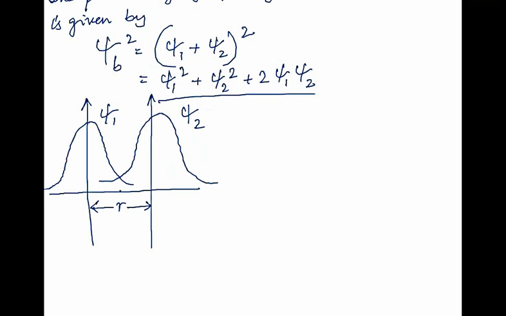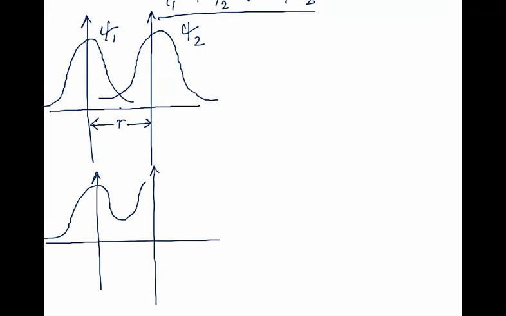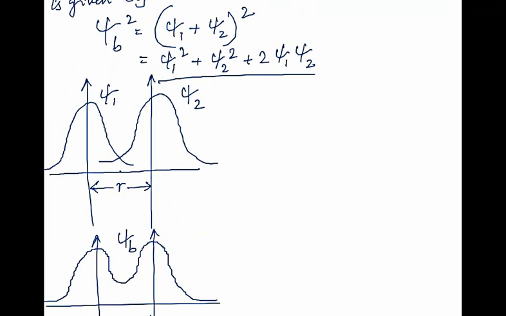If there is a constructive overlap, the picture will be like this. This is psi bonding, a molecular orbital of high electron density.